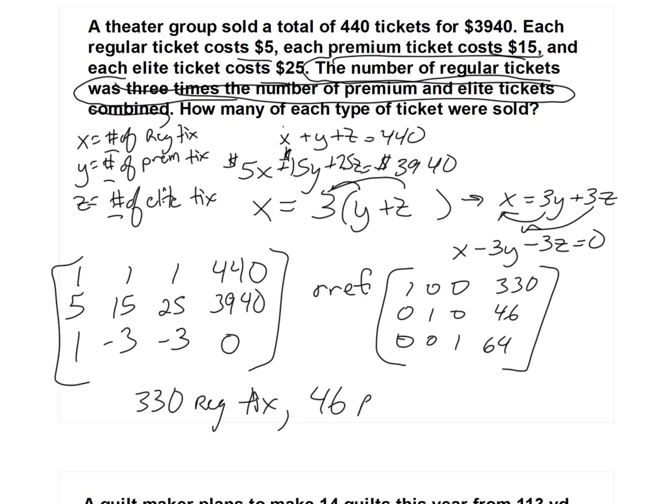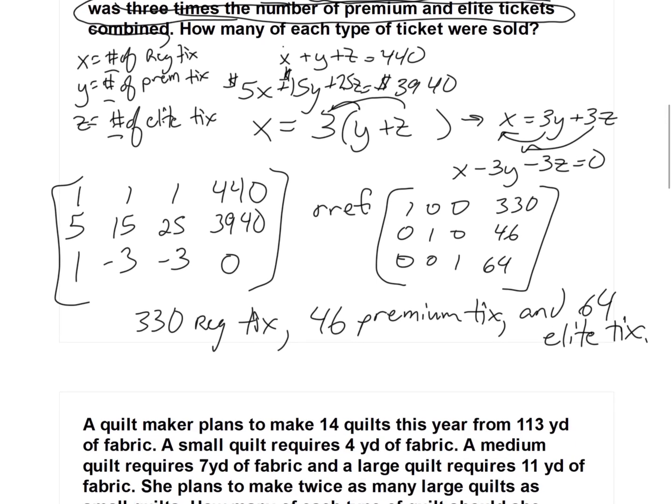There's 46 premium tickets, and there are 64 elite tickets. Okay, and I'm kind of abbreviating this real quick to save some space, but I'm looking for a sentence out of this too, just so you know exactly what you're finding and what you found there too.